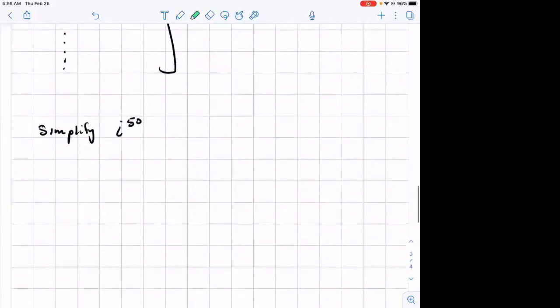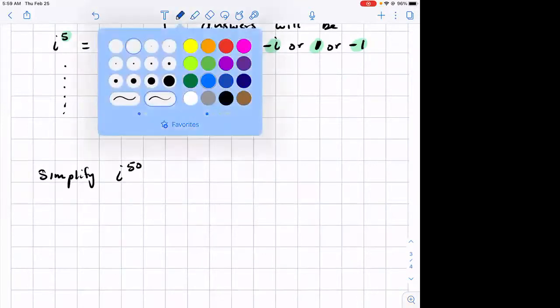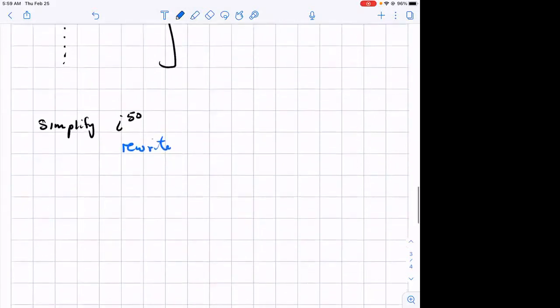Now, if I ask you to simplify i to the 50th power, let's rewrite this as i squared, which I said is very important here, as i to the 2nd power raised to some power. So what do you multiply 2 by to get 50?